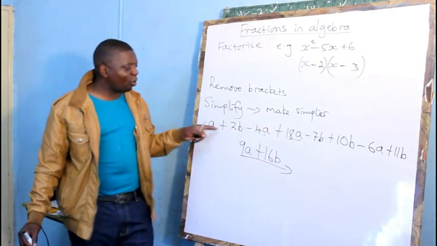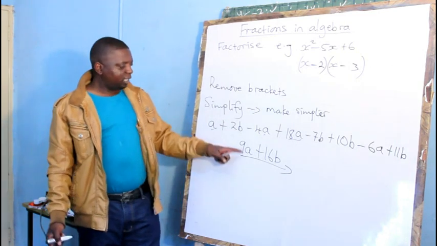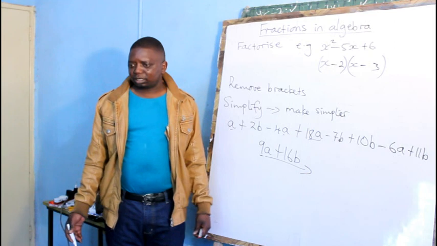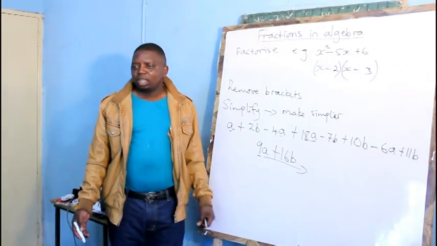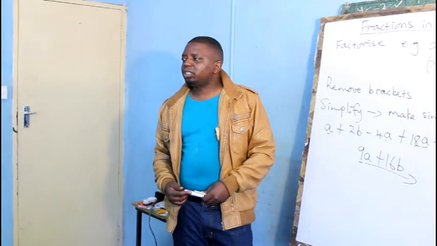Instead of saying all this, you can simply say 9a plus 16b. That's simplified. If it is a fraction and you are going to simplify, you must reduce it to its lowest terms.